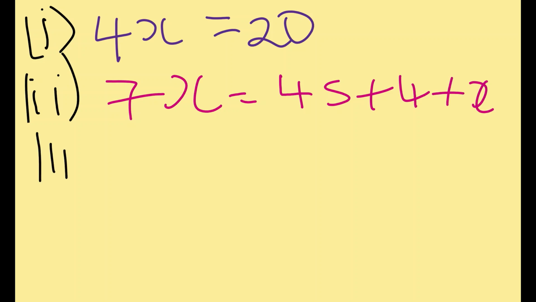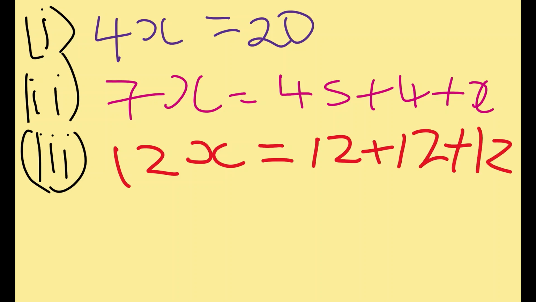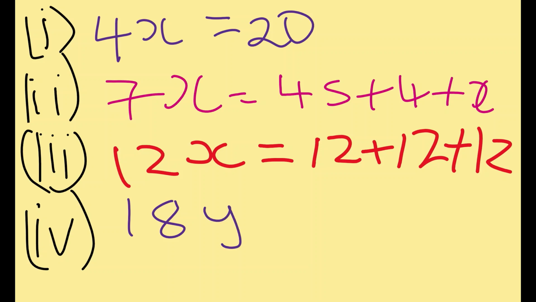The third: 12x is equal to 12 plus 12 plus 12. And the fourth: 18y. It can be any letter, y, x, anything is the same, because it doesn't have a constant value. It varies, so it is a variable. 18y is equal to 36 plus y.